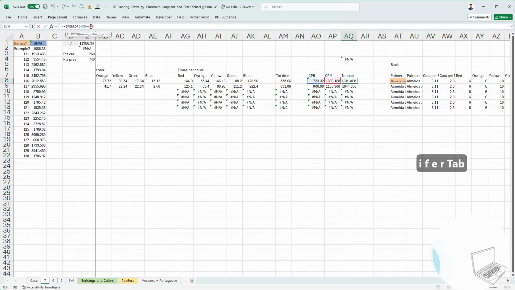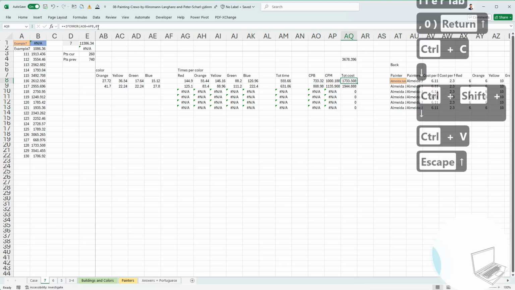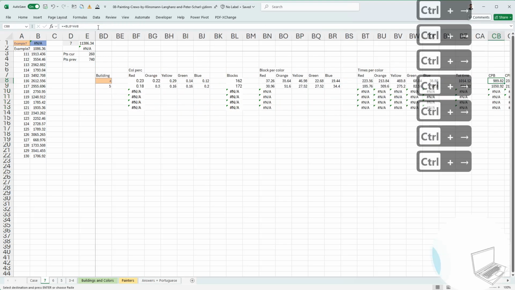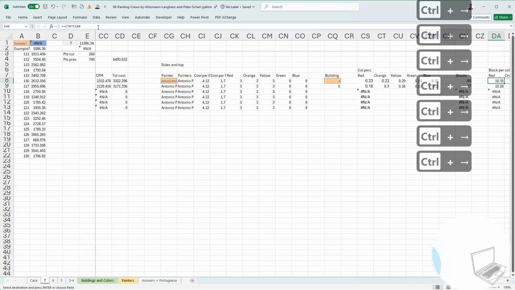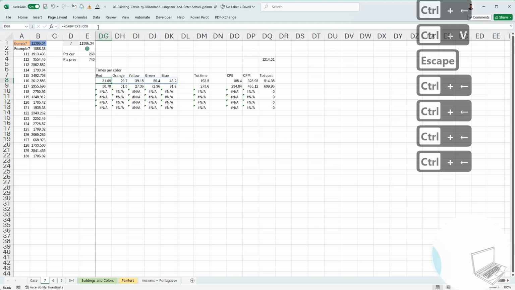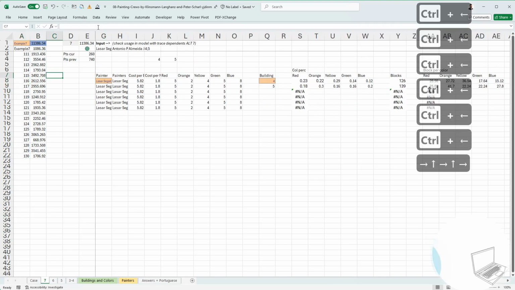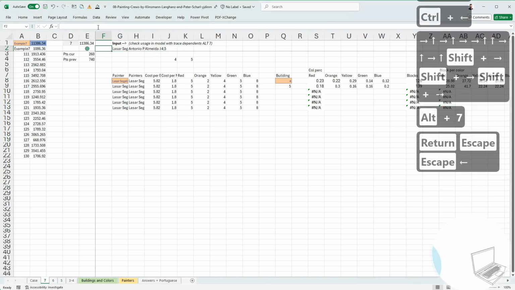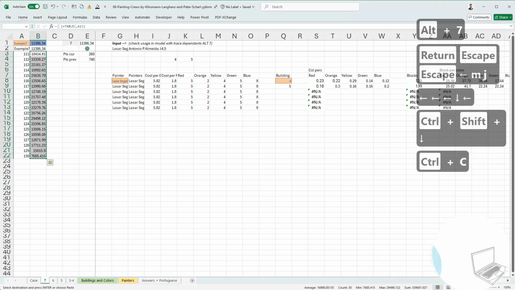So that's an IFERROR 0. Okay. Fingers crossed.